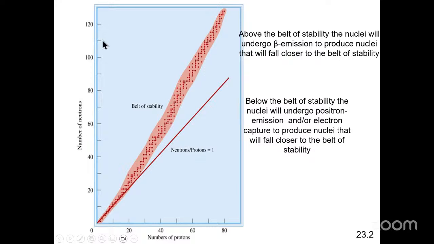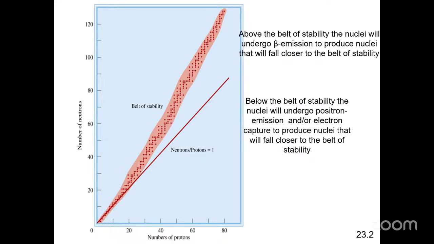Let me explain what's happening here. We have the number of neutrons plotted versus the number of protons in order to see if the neutrons per proton ratio has any effect on the stability of the nucleus. At lower atomic numbers, the number of neutrons and protons would be equal or roughly equal.